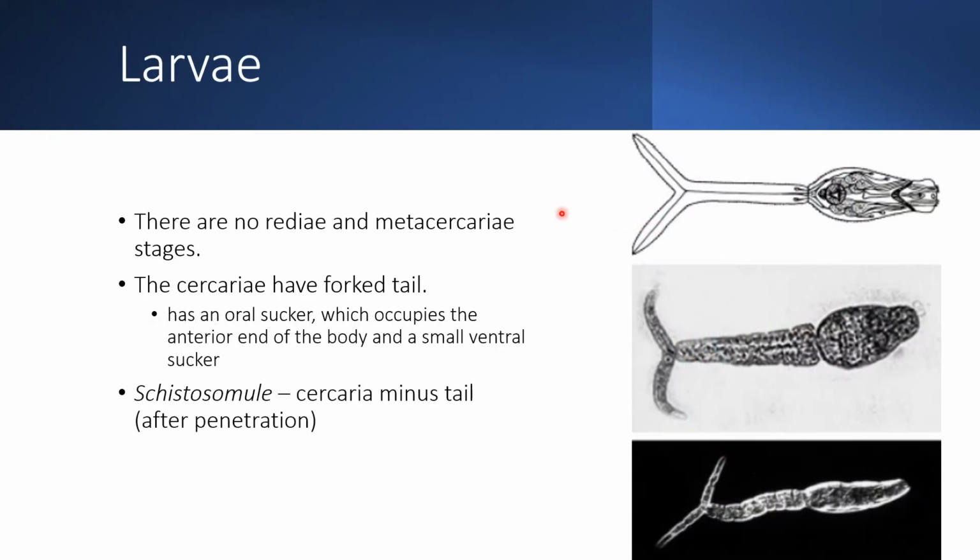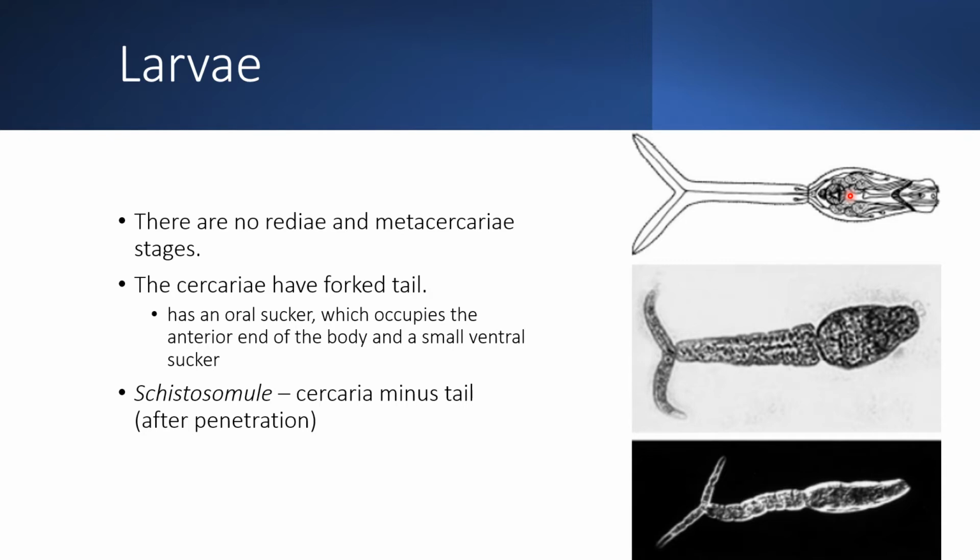For their larvae, as I have said, it has a forked tail, the cercaria. This cercaria has an oral sucker on the anterior end and a small ventral sucker for attachment.